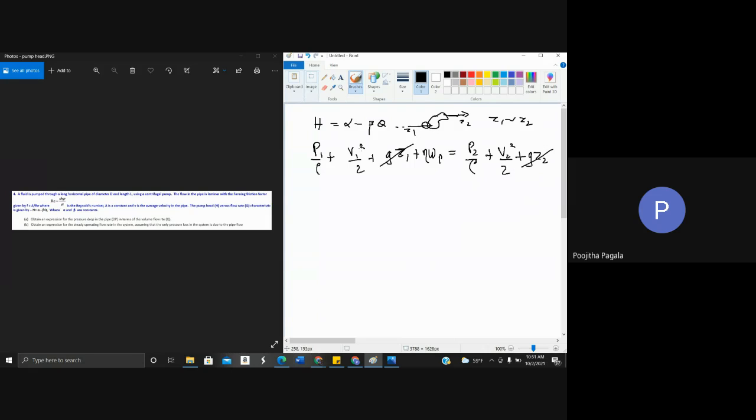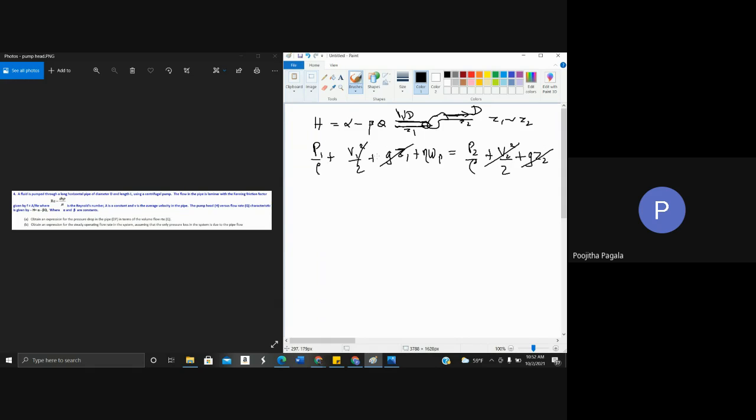So you can also neglect the velocity terms, because if you do a continuity analysis, that is for an incompressible fluid, if the diameter of the pipe here is d and the diameter of the outlet pipe is also d, we know that v1 a1 should be equal to v2 a2, but a1 is equal to a2, so v1 should be equal to v2.